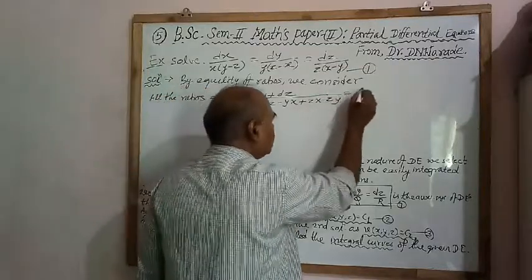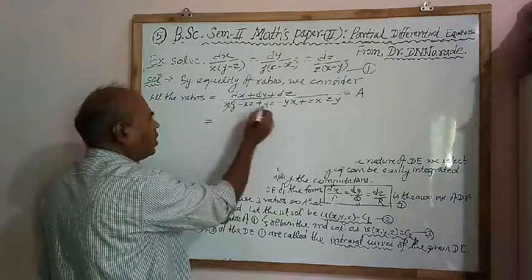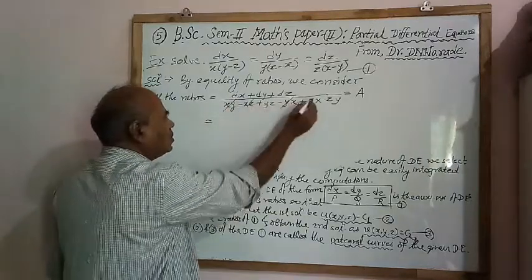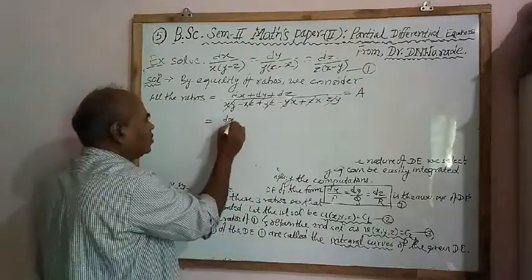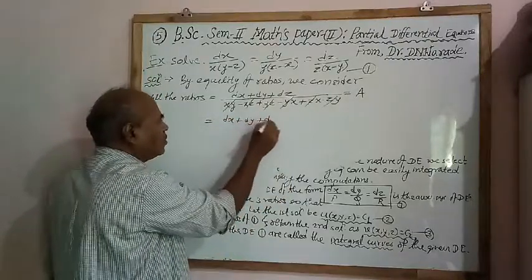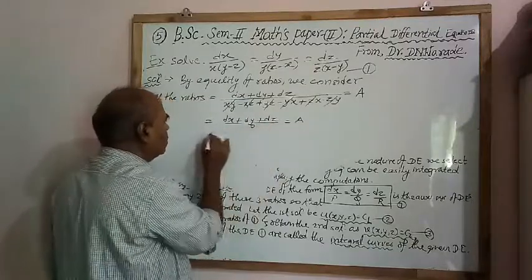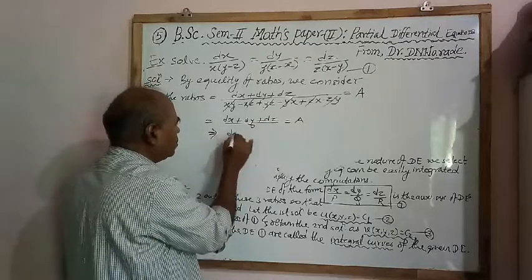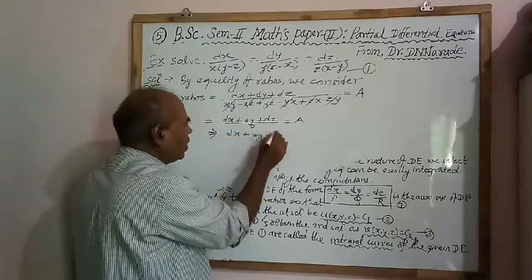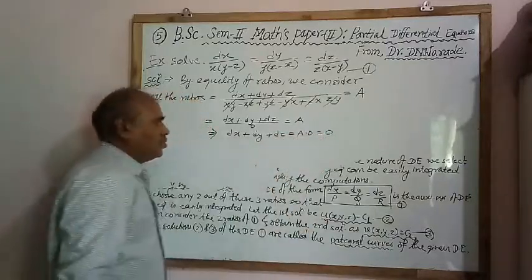Now suppose all the ratios are equal to a. Here xy cancels, xz with zx, yz with yz. Therefore we get (dx plus dy plus dz) divided by 0 equal to a. Then by cross multiplying, dx plus dy plus dz equal to a into 0, therefore 0.